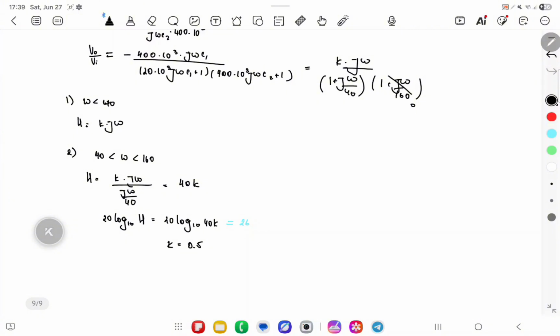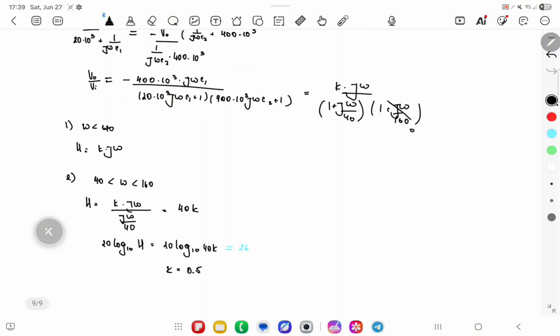So if we further look down into our capacitance values, we can see that there is some kind of a relation as well. And don't worry about this negative sign. It simply means that it is an inverting circuit.